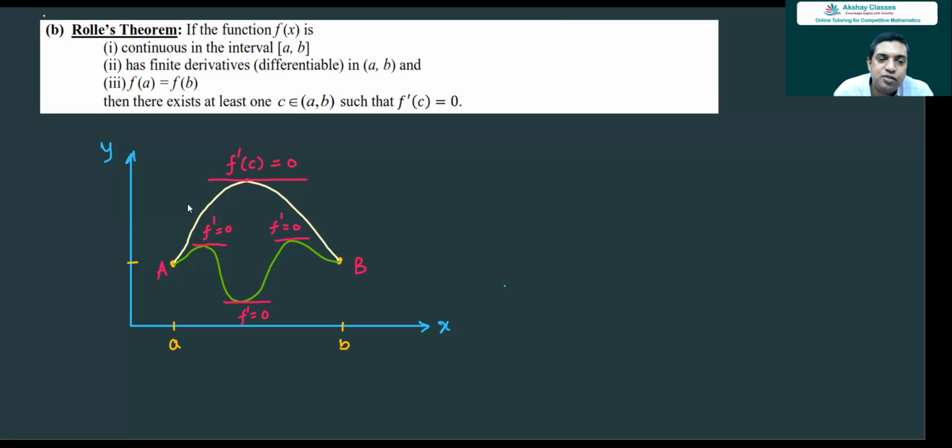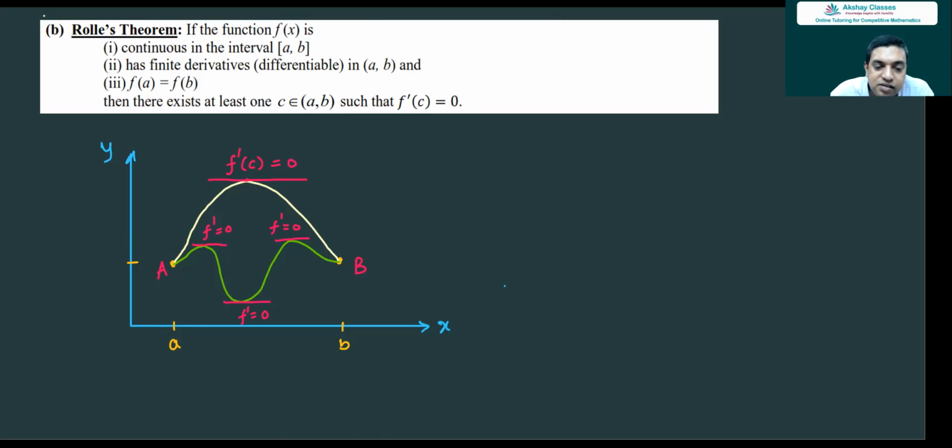Rolle's theorem says if a function is continuous on the closed interval AB and differentiable on the open interval AB, and the function values are equal at A and B, f of A equal to f of B, then definitely there will exist at least 1 point where the derivative is 0. So this is called Rolle's theorem.